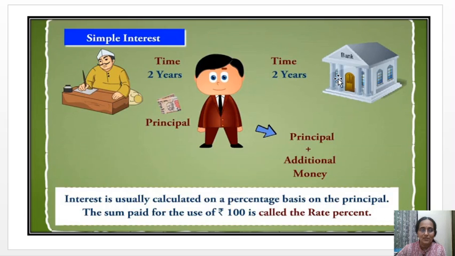When you are depositing some amount, let it be 30,000 or let it be 50,000 in the bank for 2 years, at the end of 2 years you will be very happy to see some more amount than 50,000 rupees in your account, right?